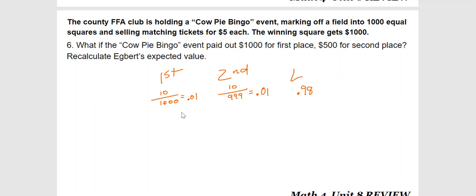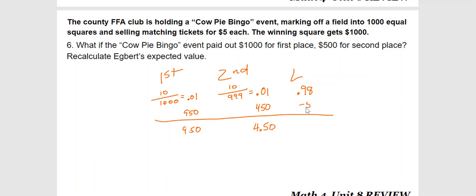Now, let's look at the money. If he wins first, he gets 1,000 less the 50 bucks that he spent on the 10 tickets. So that's going to be $9.50 there. Here, if he gets second place, he gets the 500 less the 50 that he spent. That's going to be $450.